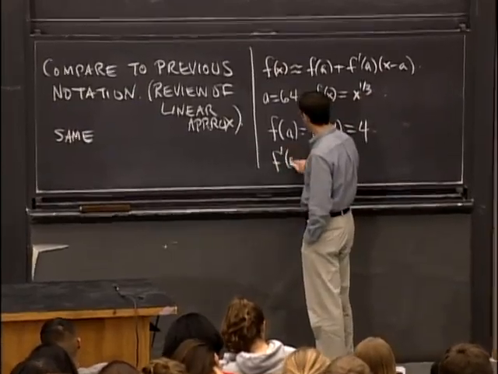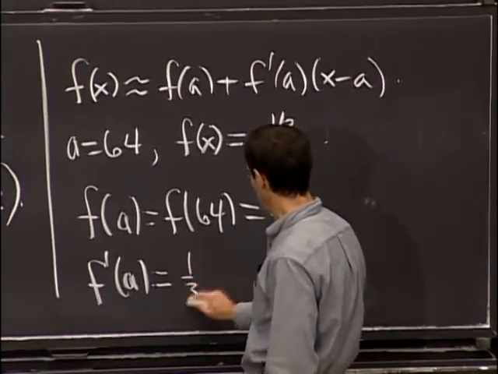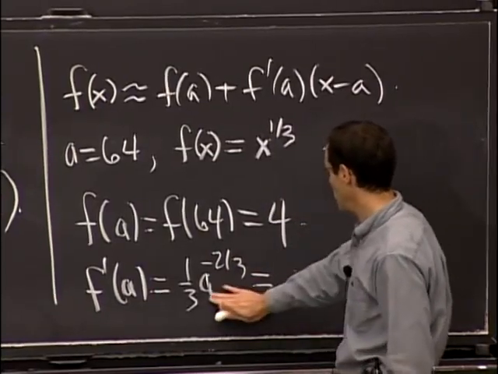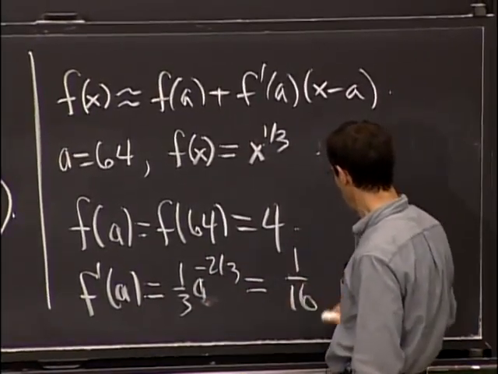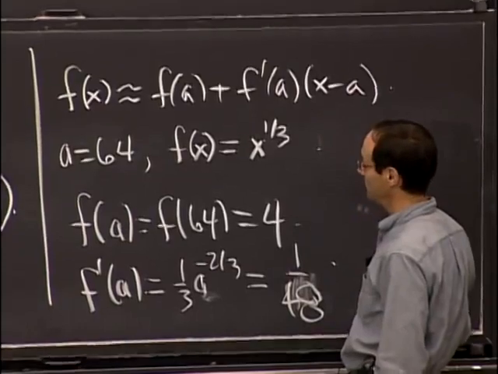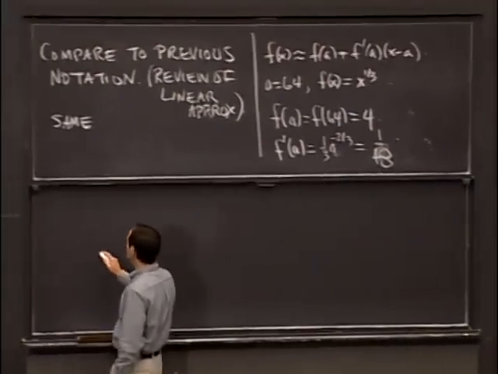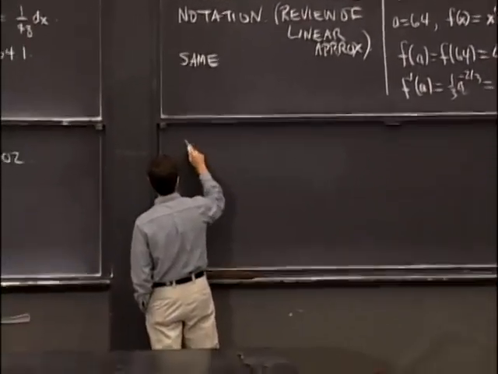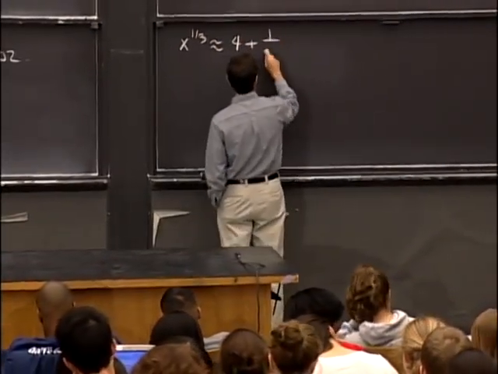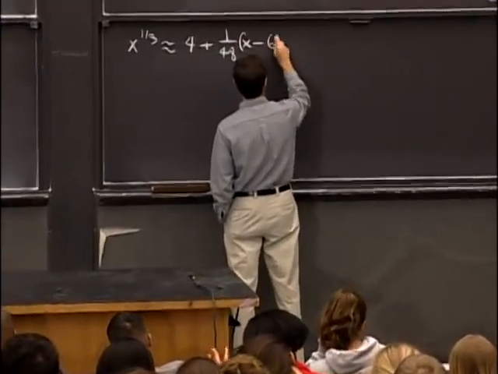And f prime of a, which is 1/3 a to the minus 2/3, is in our case 1/48. That's the same calculation as before. And then our relationship becomes x to the 1/3 is approximately equal to 4 plus 1/48 times x minus a, which is 64.